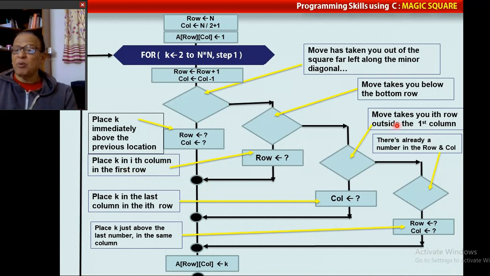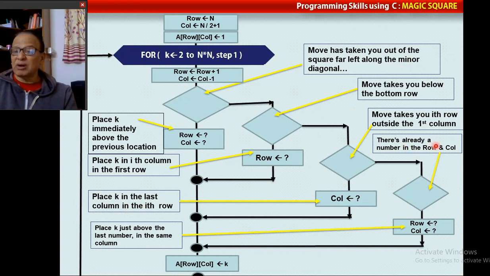Then if the move takes you outside the first column, you are going outside in that row. So what do you do in this case? You check that, and then, in that case, place k in the last column in the same row.